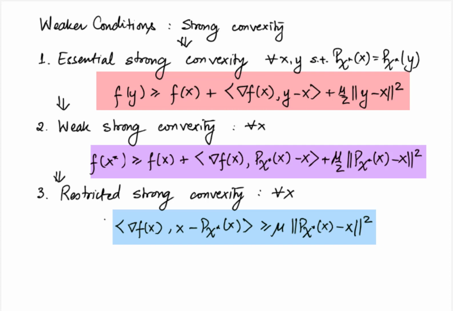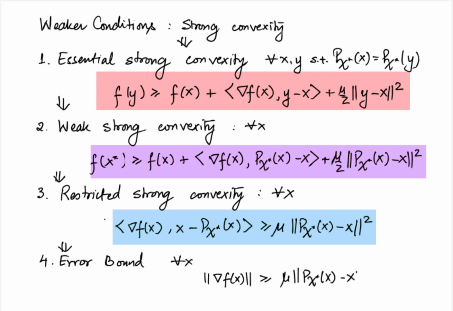Next, we have the error bound for all x, which says that the norm of the gradient of f of x is greater than or equal to mu times the distance between x and the set calligraphic X star.